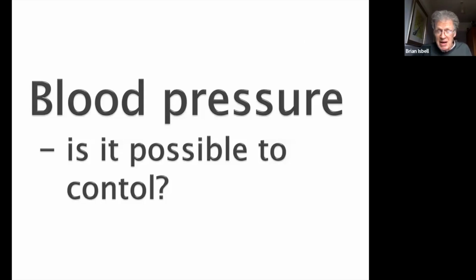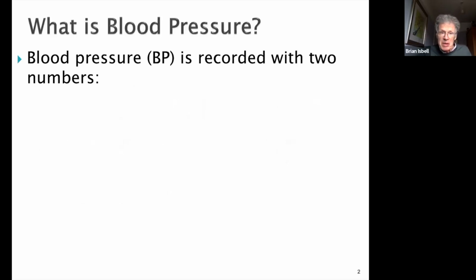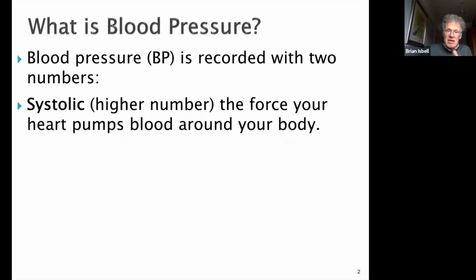So first of all then, what is blood pressure? Blood pressure has two numbers associated with it. And as I say, many of you may be very familiar with these terms and the numbers, but just to make sure we all have the same language when we're referring to them, one of the values is what's referred to as systolic blood pressure.